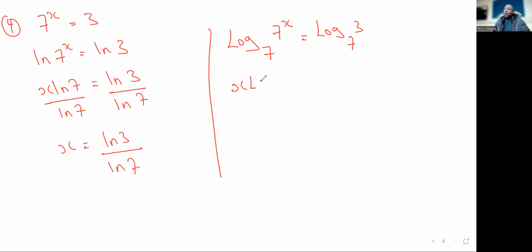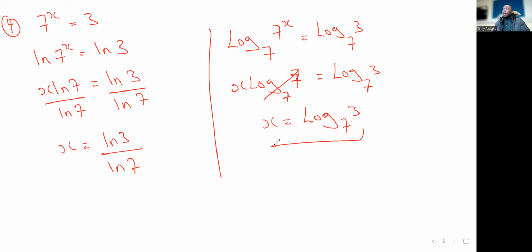So x log 7 to base 7 is equal to log 3 to base 7. All this will be equal to 1. When the base is equal to the logarithm, it is equal to 1. We talked about that law before. So x will now be equal to log 3 to base 7. And that will be the answer for that.